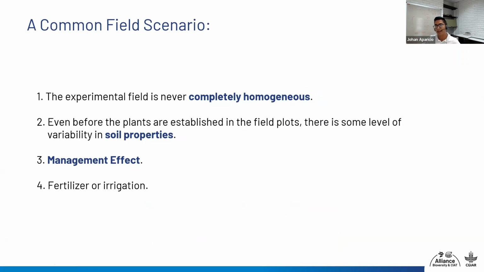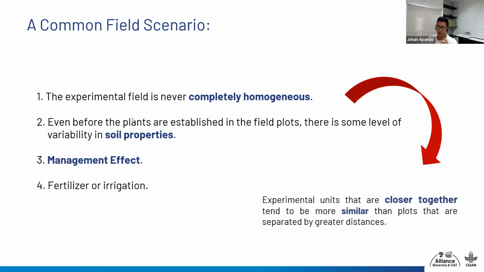And in addition to that, we can face variation because of management effects, also fertilizer or irrigation, etc. All of these components, as Didier mentioned, can cause a spatial correlation. That means that experimental units that are closer together tend to be more similar than plots that are separated by greater distances, which is basically the concept of spatial correlation.